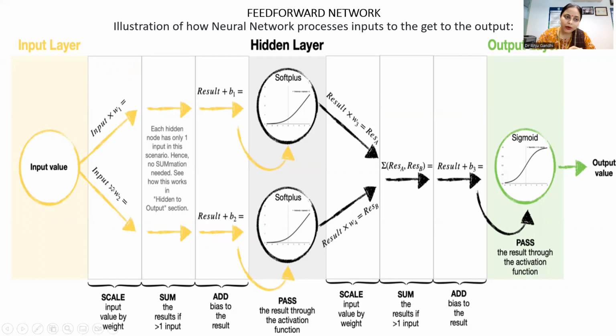Again, the input will be multiplied with the weight W2, and then this will be calculated, and the bias, which is again the assumption we have with us, will be added, right? And then we have to pass it through an activation function. We got the result.